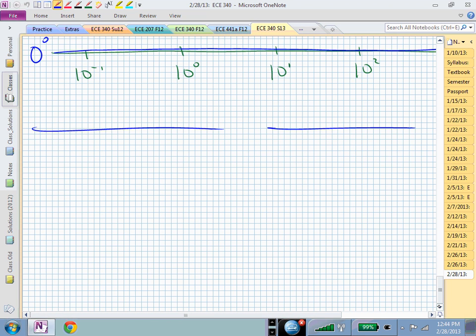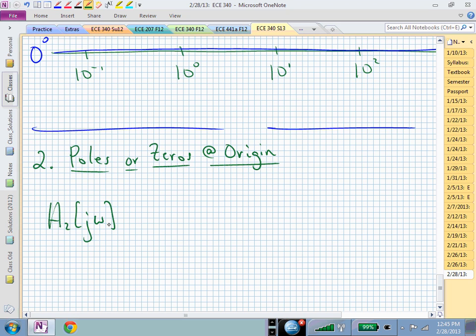Let's now look at the second case, which is poles or zeros at the origin. Suppose that we now have h sub 2. Well, let me put it in terms of S first, and then that's maybe how you're more used to seeing it.